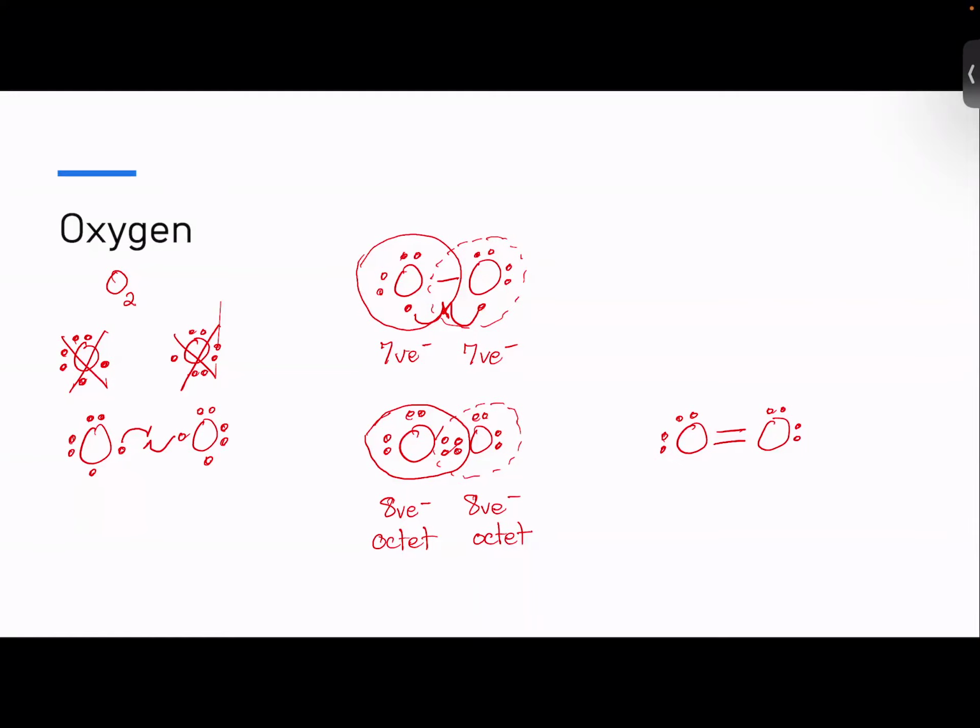Let's look at another example. Let's look at nitrogen. Nitrogen also, when found in nature, comes in pairs. Nitrogen, being in group 15, has 5 valence electrons.